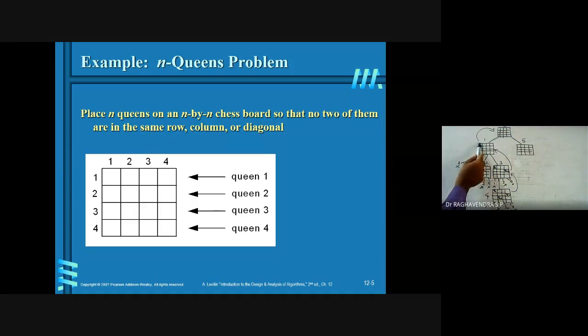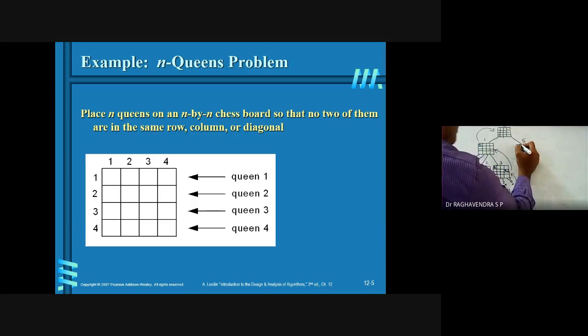Here I have inserted queen 1, that is first row, first column. Now I will change the position. This is queen 1, that is first row, second column. Let us explore further. Can I insert the next queen in the first position? It is not possible because there is a diagonal clash.